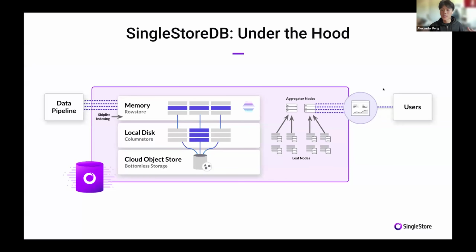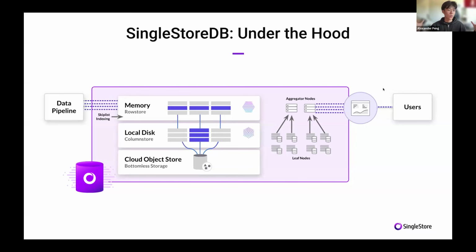And under the hood, how all of this comes together is that SingleStore simplifies the traditional sharded database architecture of having fast in-memory storage along with slower hard disk or SSD storage.